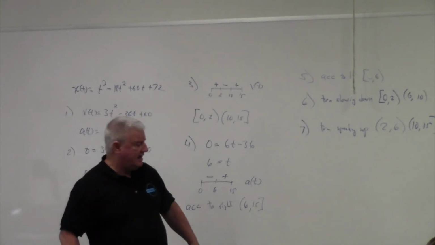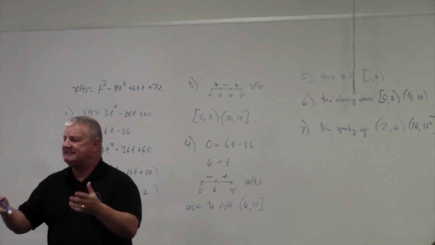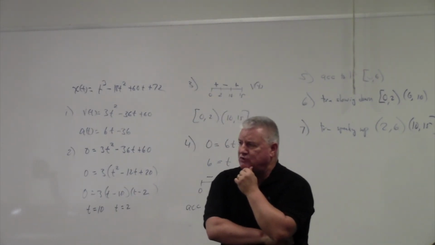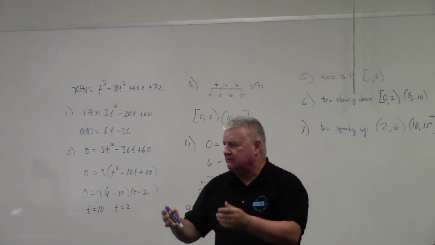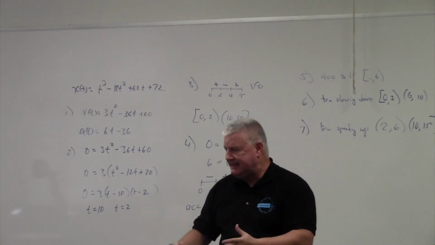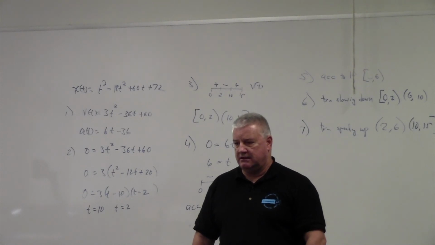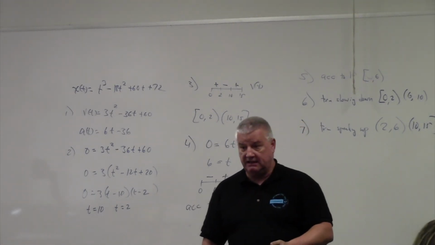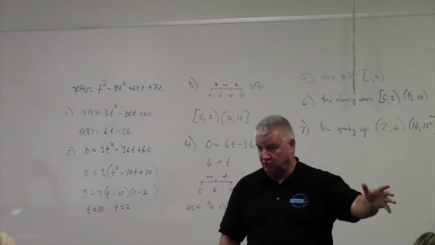So at this point, I would tell them, in general, what's happening in this story for the trailer to slow down? It slows down 2 times. So what's happening both times the trailer is slowing down? Somebody is pushing in the opposite direction that the trailer is moving.